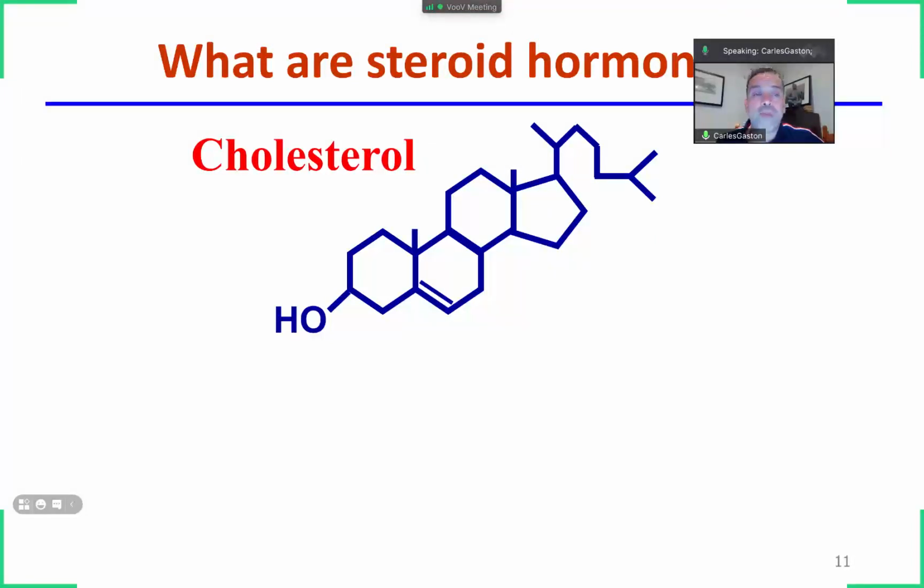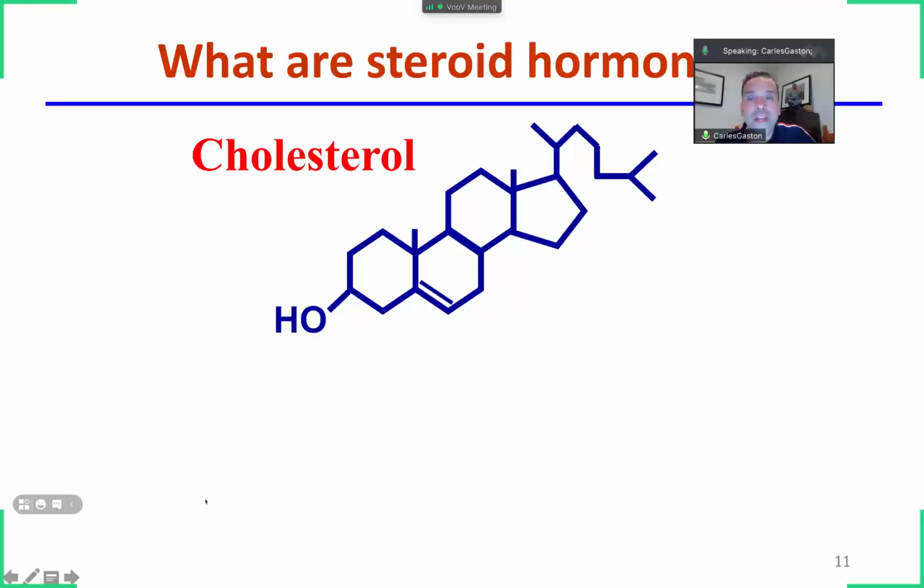The main component of the steroid hormones is that it starts as cholesterol. Cholesterol can come from the liver or from our diet, but also is present in the cell membranes.